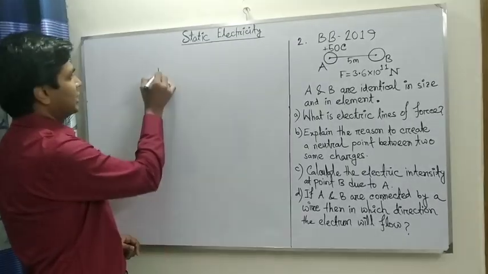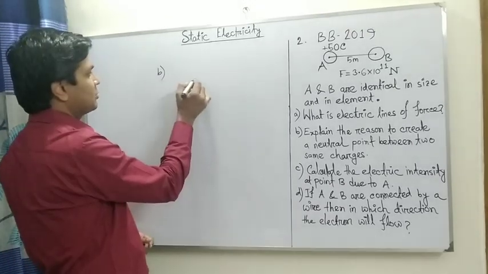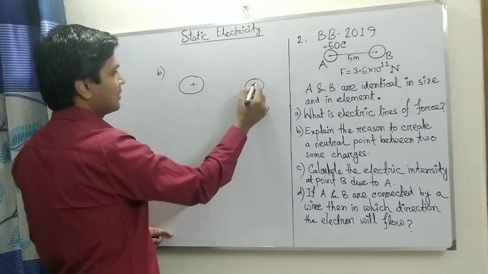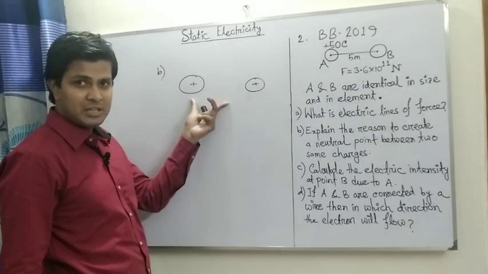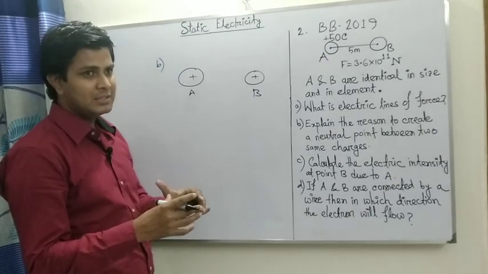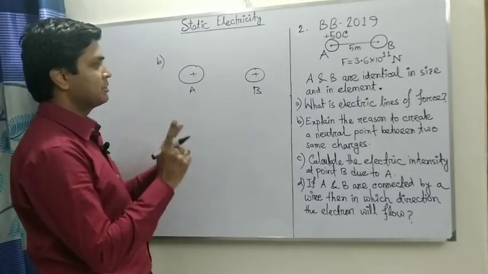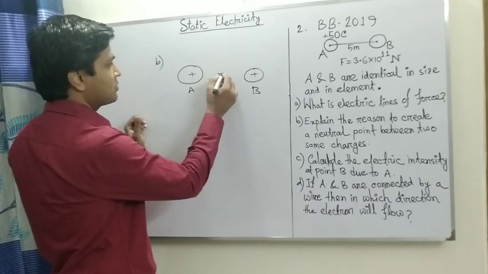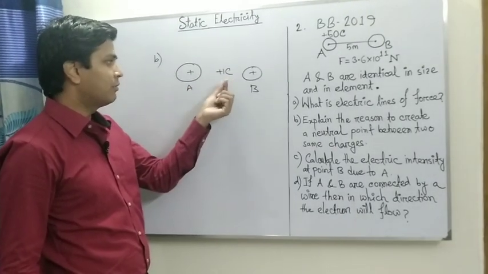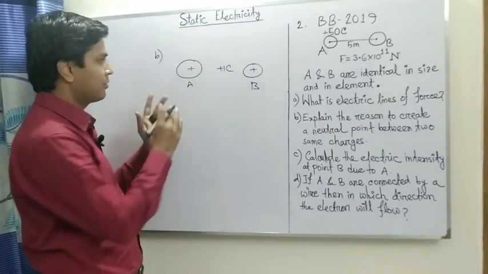Let us see the question in a figure. There are two similar charges. Suppose we take two positive charges A and B, and if you place a test charge, that means a positive 1 coulomb charge, in between those two charges, then that charge will feel the same intensity from both charges.